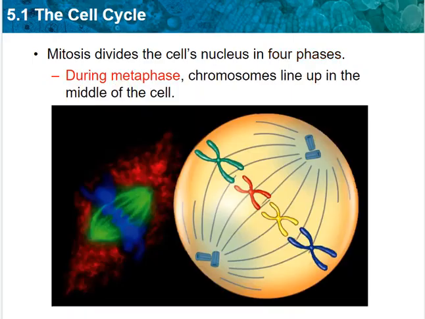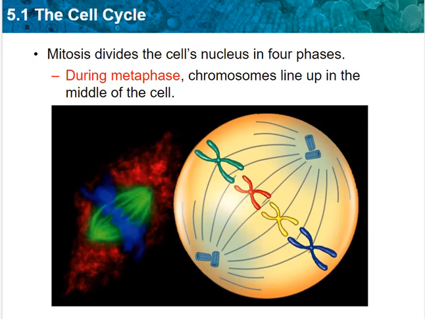The next stage is metaphase, referred to as metaphase because meta means middle. This is not only the middle phase of mitosis, but also the chromosomes line up at the center or the equator of the cell.